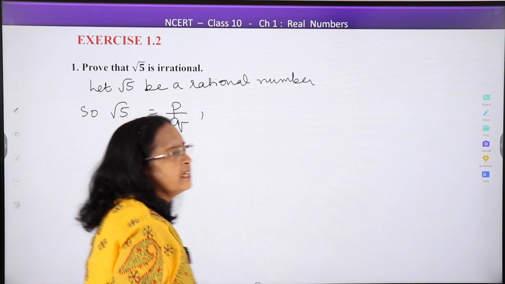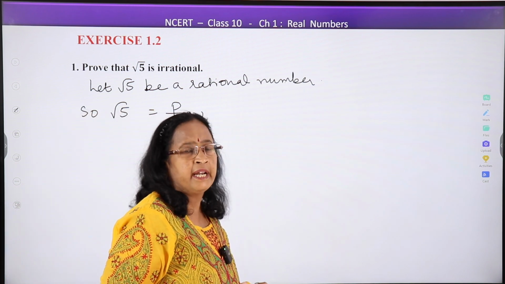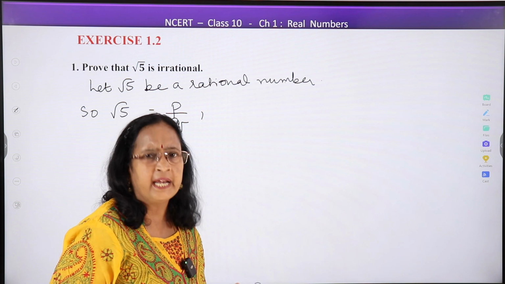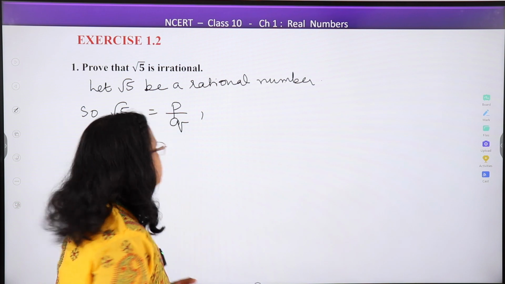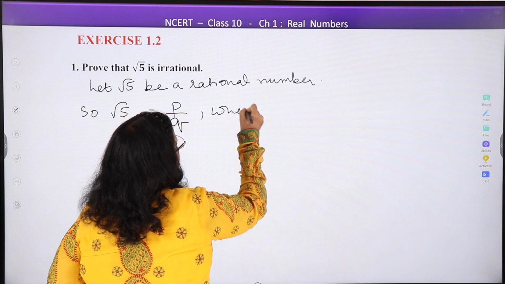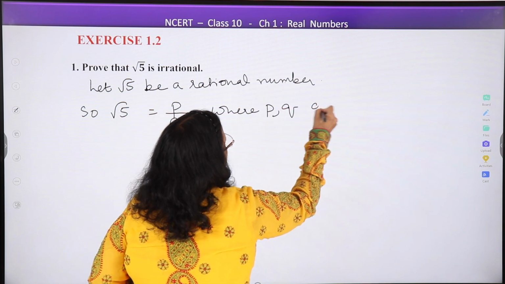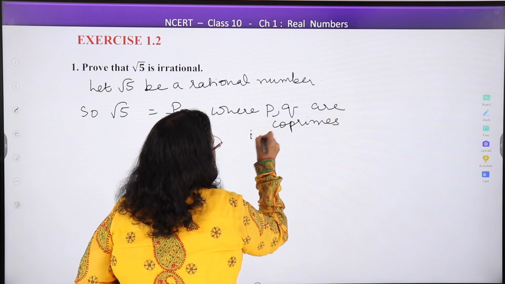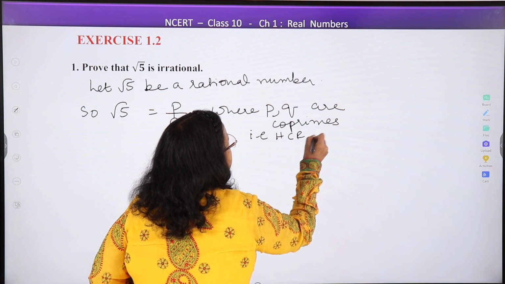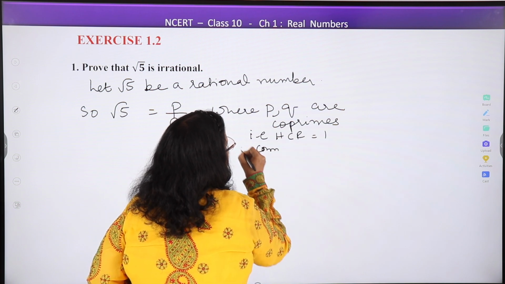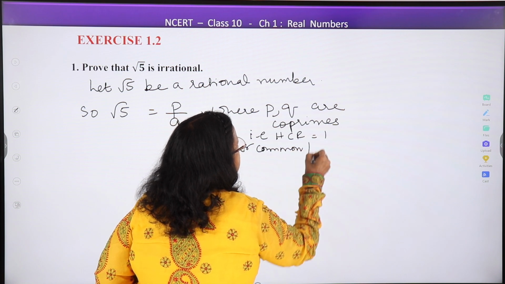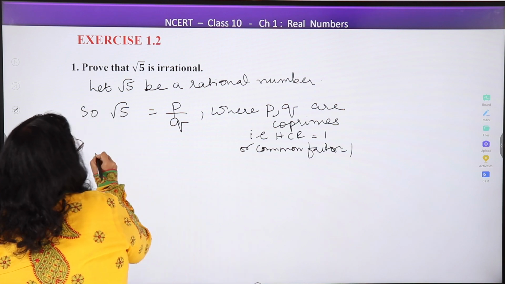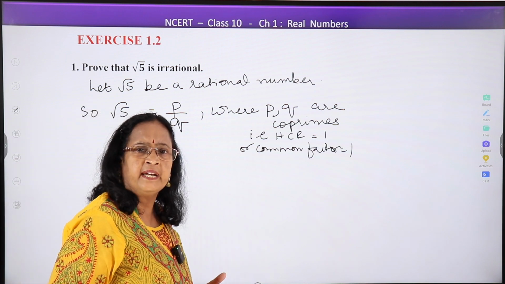As said earlier, you can take it a by b also, or c by d, but usually you will find p q and a b in the books. P by q, where p and q are co-primes, that is, HCF is 1, or common factor is 1. Then, what is the second step, children?